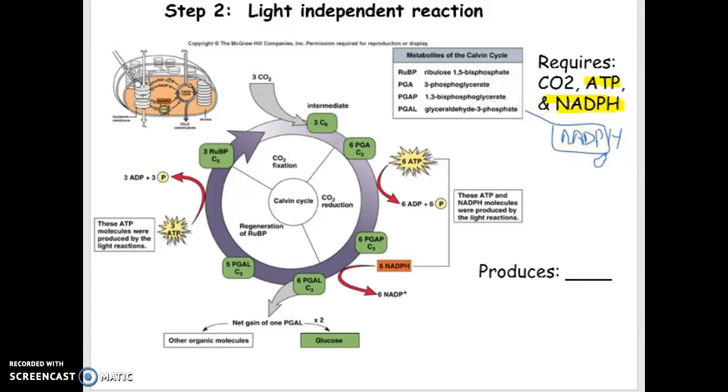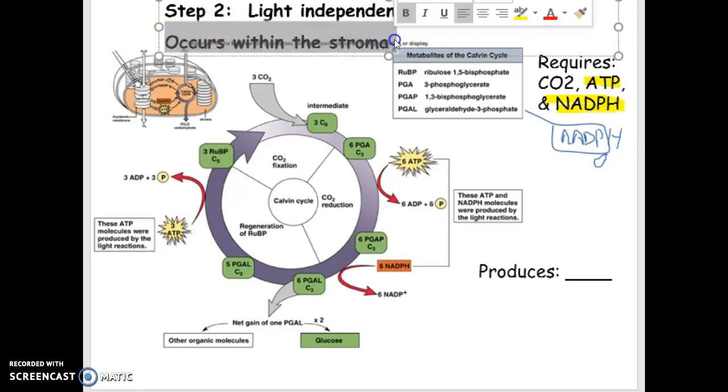All right, so step 2 is going to occur within the stroma of the cell.